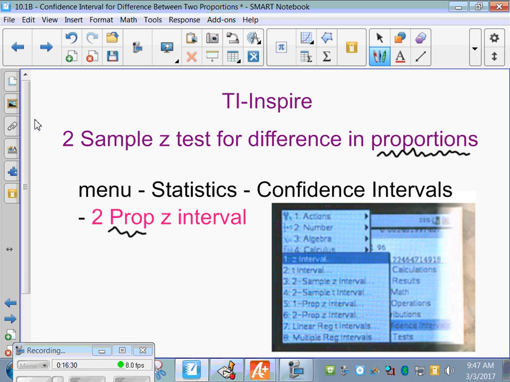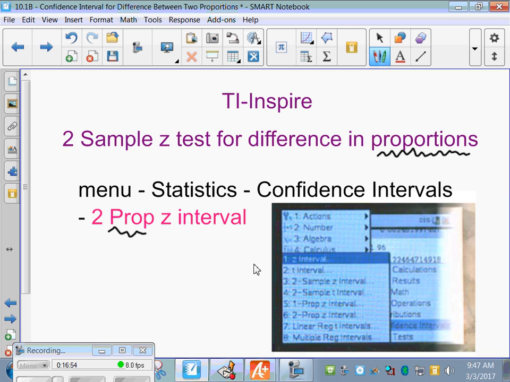And then you got to be able to do it on your calculator, of course. So we're going to plug into our calculators. So go to confidence intervals. Okay, menu, stats, and confidence intervals, because we're doing confidence intervals again. And what you have to be careful of is you do not use that 2-sample z-interval.